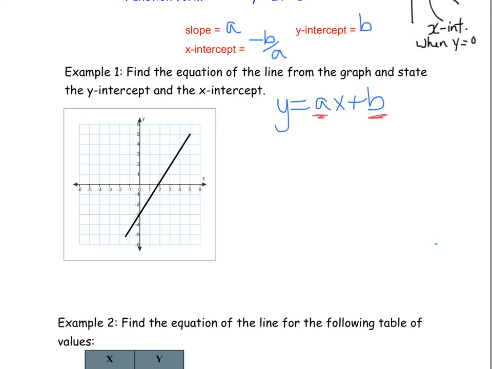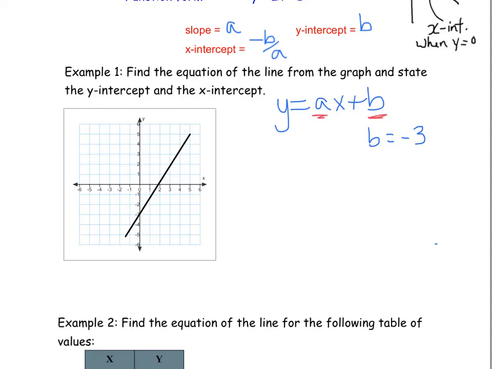If we look at our graph, right away we can see what the y-intercept is. The y-intercept is where the function crosses the y-axis. And that's here. It crosses the y-axis at y is negative 3. So I already know my b. My b is negative 3. Now I need to find the slope.